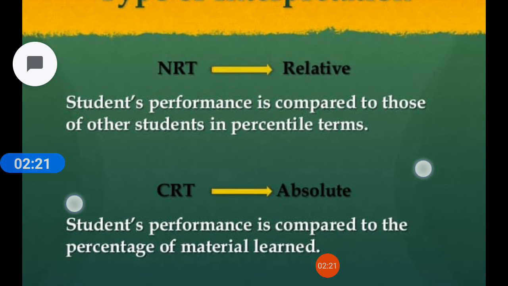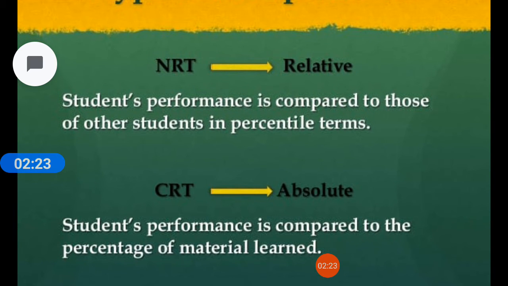Types of interpretations: norms reference test is relative, and it means student performance is compared to those of other students in percentile terms.